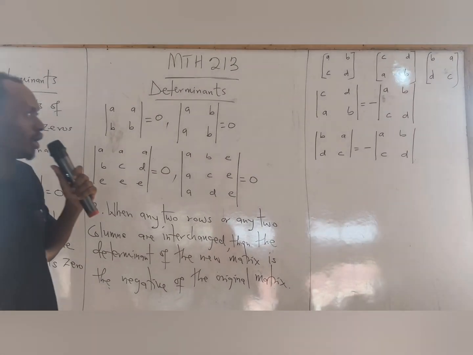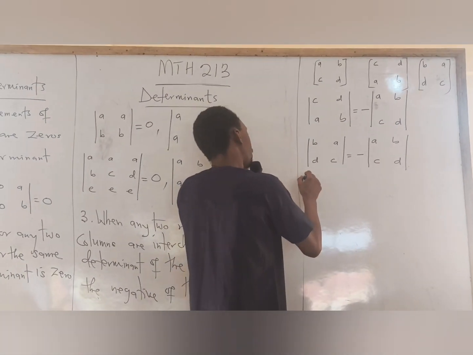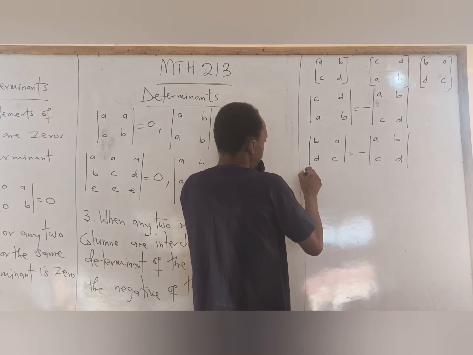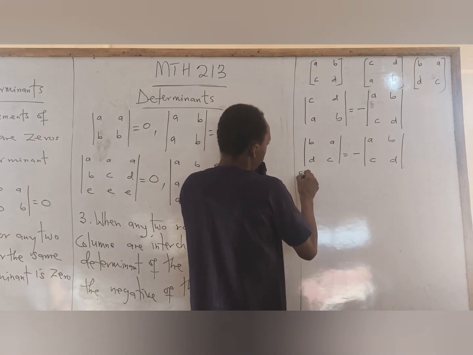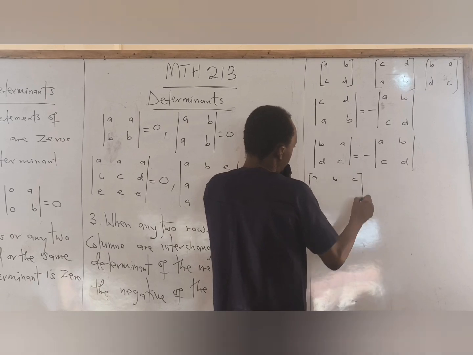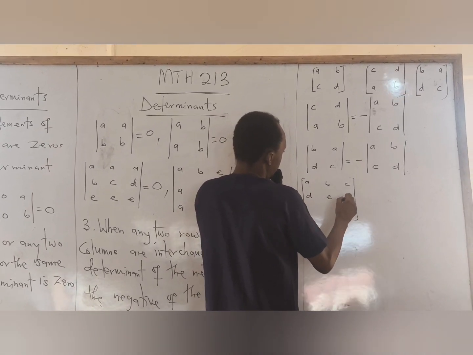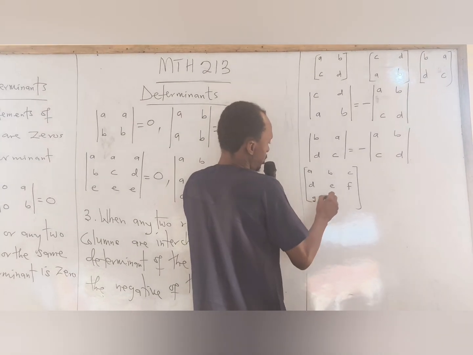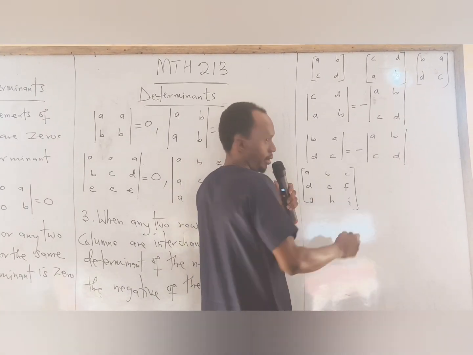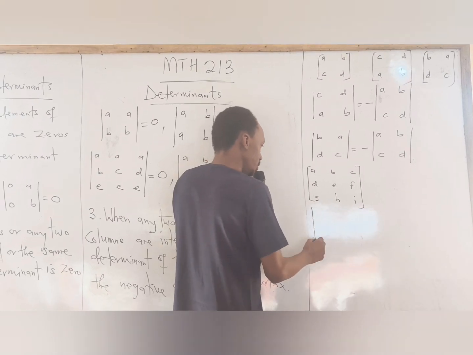We can also have 3 by 3. So we have 3 by 3. We can use numbers, but I just want us to use variables. A, B, C, D, E, F, G, H, I. Are you all here? This is the original matrix.